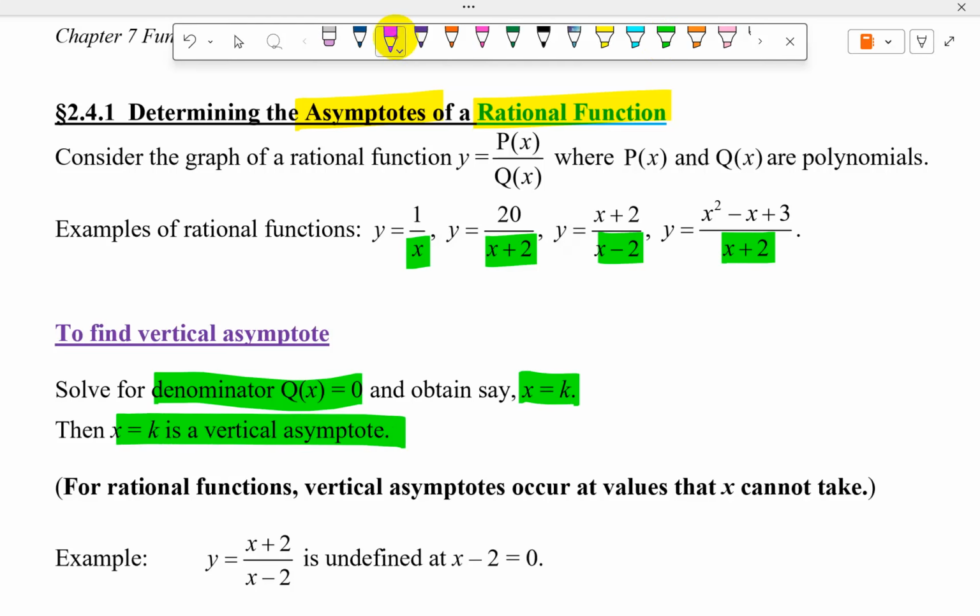So in this example, I set x equals 0. x equals 0 is the vertical asymptote. x plus 2 equals 0, so x equals negative 2 will be the equation of the vertical asymptote for this graph. x minus 2 equals 0, x equals 2 is the vertical asymptote of the third graph. And lastly, x equals negative 2 will be the vertical asymptote of the last graph.